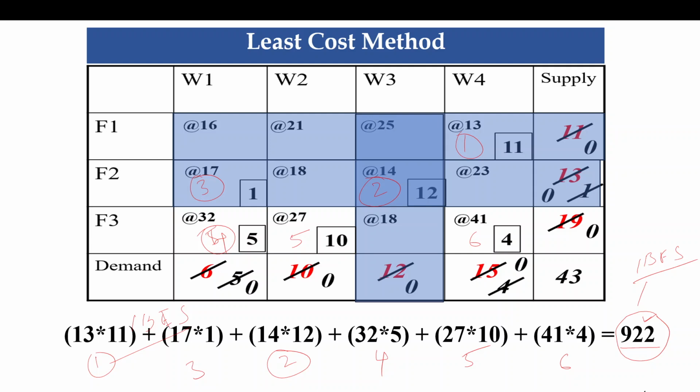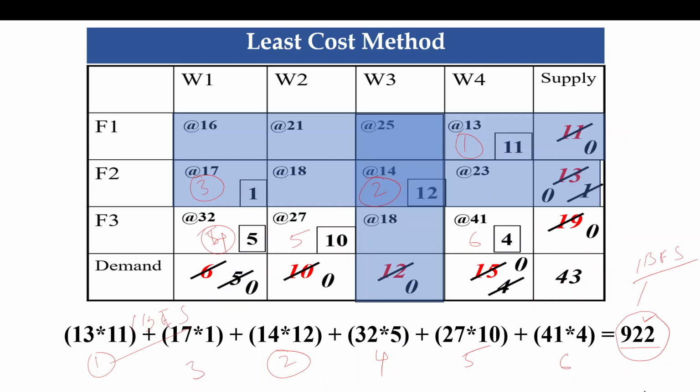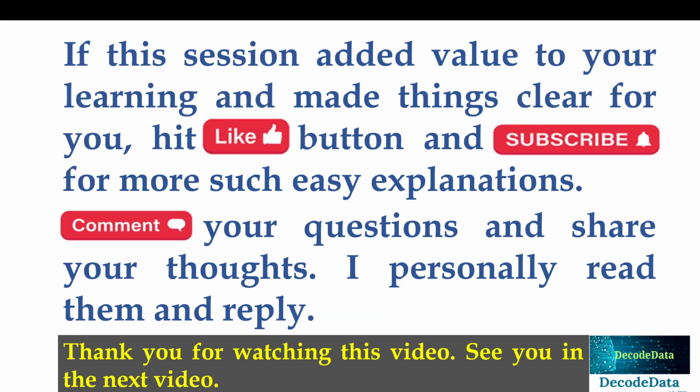Because you don't know whether it is optimum or not. This is the first solution with the help of LCM. So now this way you can apply LCM to find the cost in a transportation problem. I hope it's clear to you all.